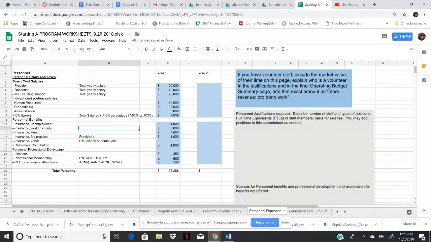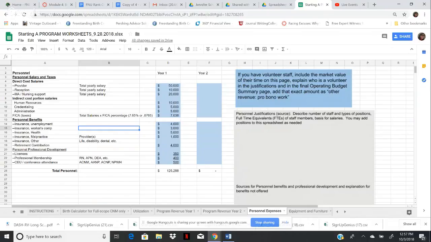Human resources, credentialing, and administration, those are all expenses that'll be shared, I'm sure, with other providers in your practice, unless you are the sole provider in this practice. So think about that, how you're going to divvy up those salary expenses for those people who serve several providers' needs.